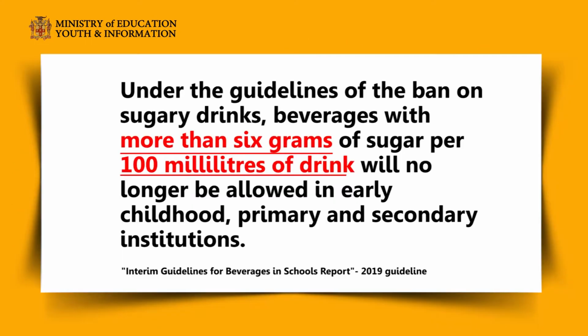What's this? Under the guidelines of the ban on sugary drinks, beverages with more than 6 grams of sugar per 100 milliliters of drink will no longer be allowed in early childhood, primary and secondary institutions.